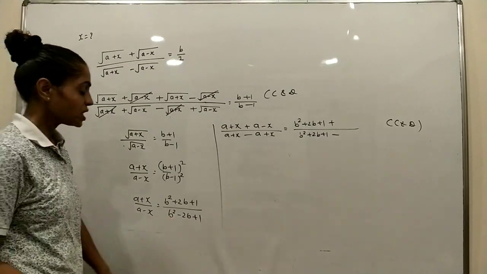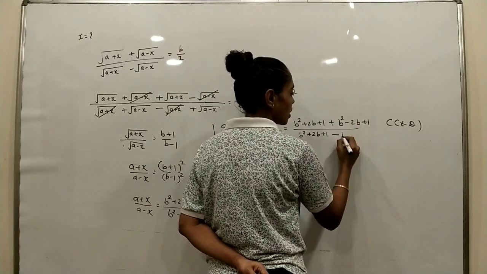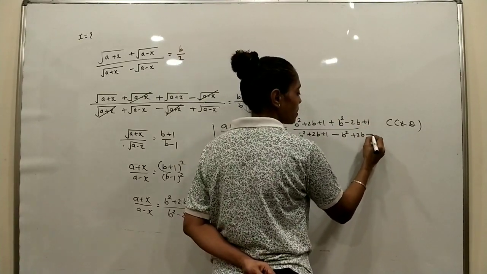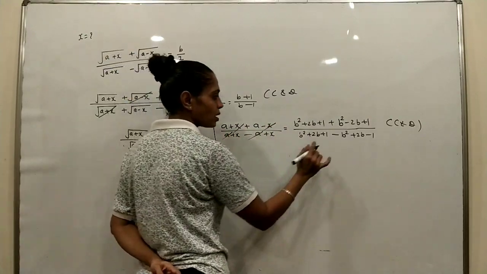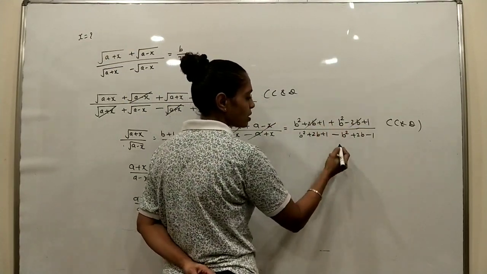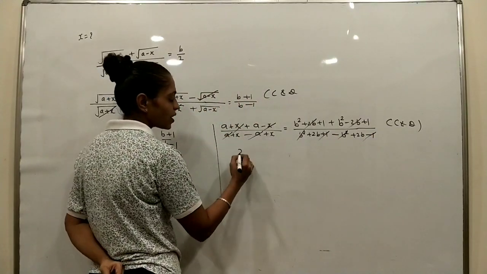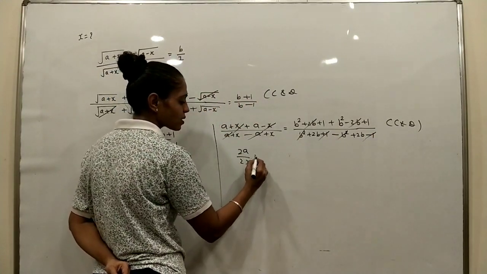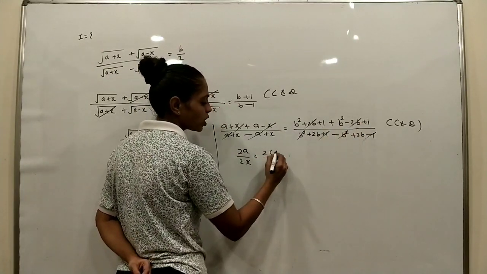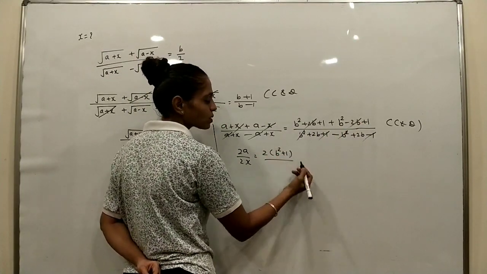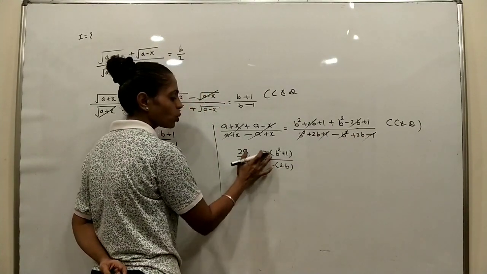Plus denominator b square minus 2b plus 1 minus b square plus 2b minus 1. x and a cancel. 2b cancel. b square plus 1 minus 1 cancel. That is 2a upon 2x equal to b square plus 1, b square plus 1, that is 2 times b square plus 1, 2b and 2b that is 2 times 2b. 2 cancel.